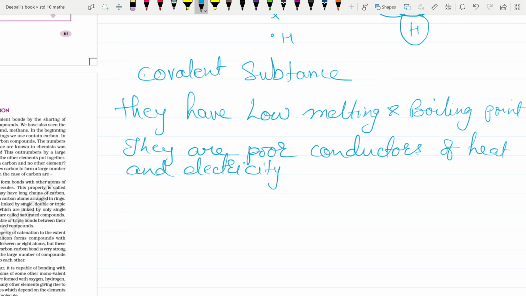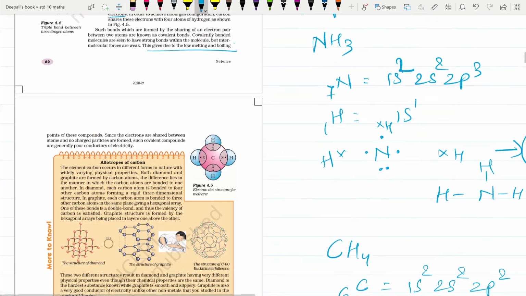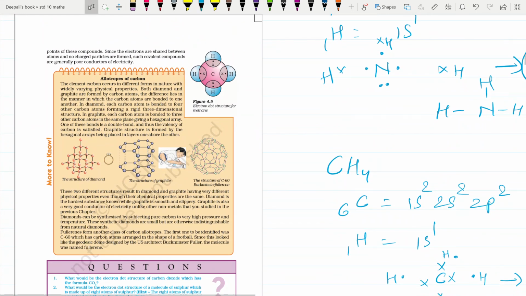Is that clear and easy? Okay. So we shall understand in the next session about allotropes of carbon. Thank you.